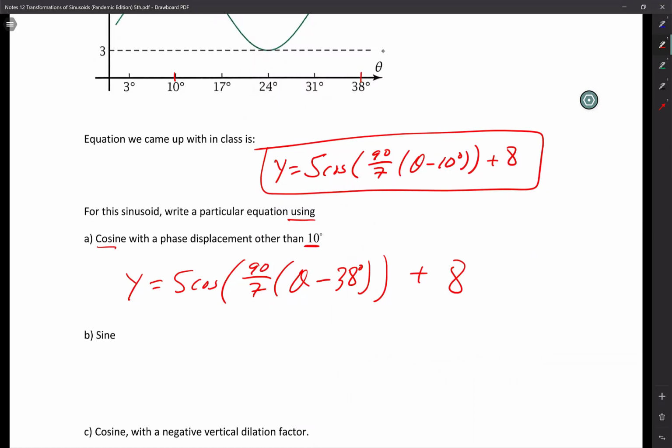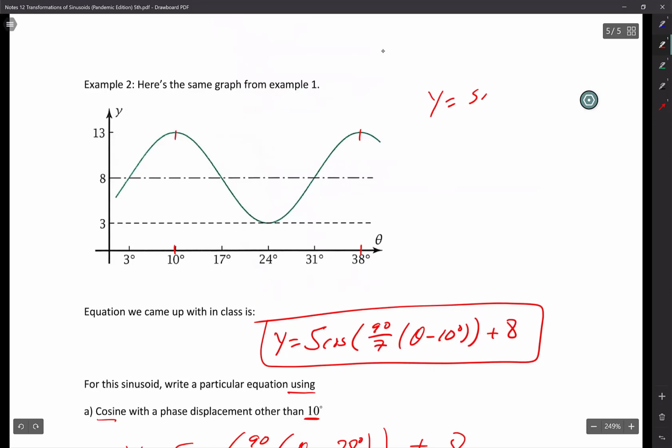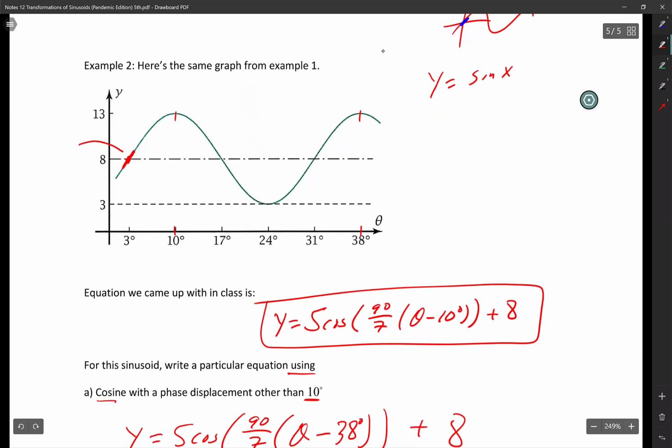Virtual class, are we still okay? Yes. Okay. Next, I want a sine function. Remember, guys, how the sine function looks. I'm going to write a little sketch right here. For sine x, I'm looking for a point of inflection on the way up. Since they told me 25% of a cycle, I know for a fact that at 3 degrees is a point of inflection going up, because I know that this is going to be my reference.